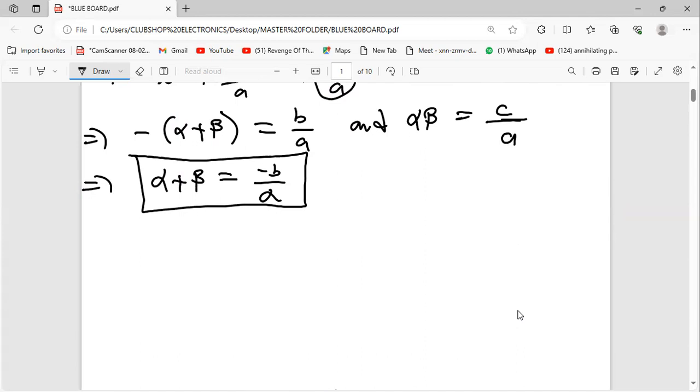It's a new tool now to answer questions. But sometimes it's important to take note of these expressions. Number one, when you're talking about alpha plus beta squared, this will be equal to alpha squared plus 2 alpha beta plus beta squared. This is a well-known expression.